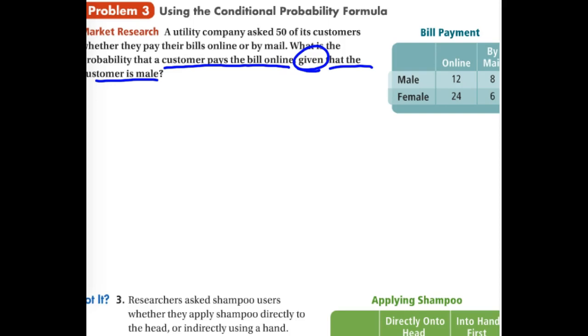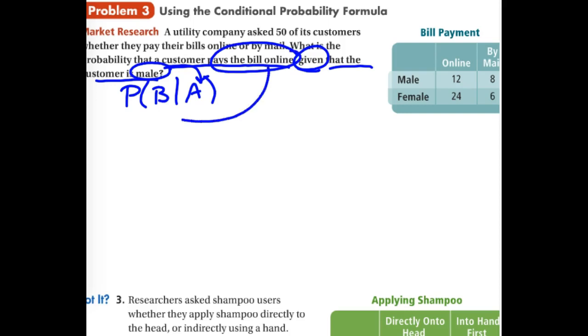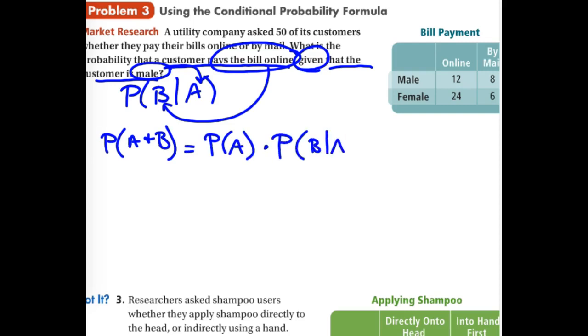So the given is A. It's P of B given A. Male is our A value, and paying online is our B term. You have to identify what your A and B are to set this up correctly. So the probability of A and B is the probability of A times the probability of B given A.